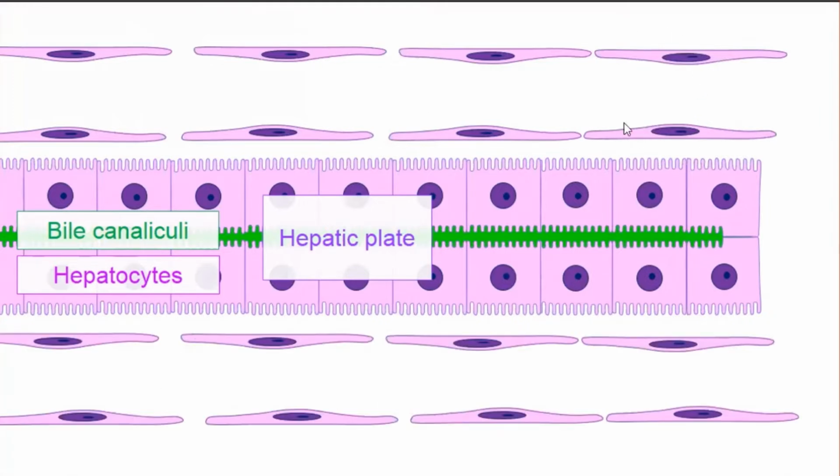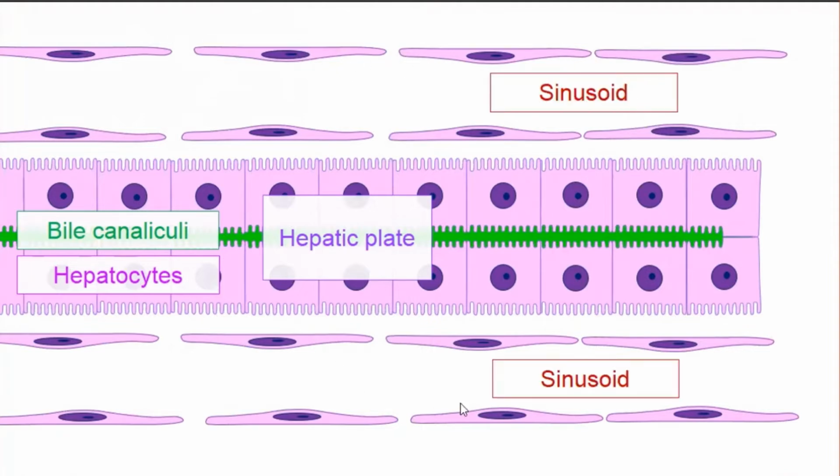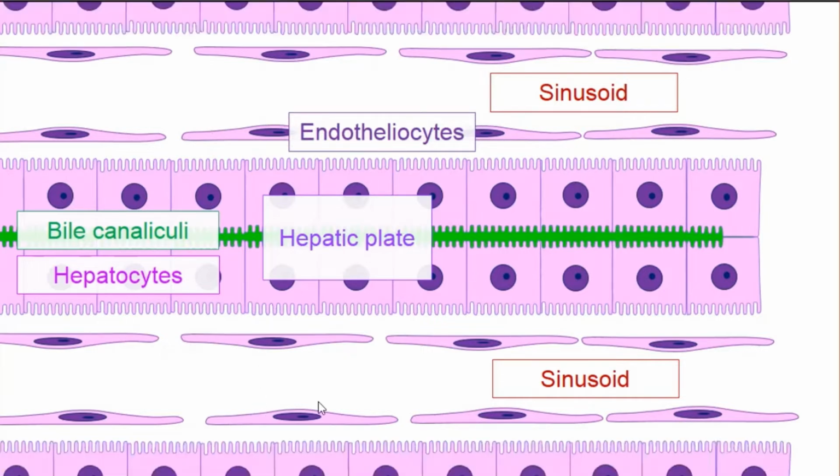There are blood capillaries which have huge gaps between endothelial cells, and those capillaries are called sinusoids. They are capillaries of the sinusoid type. And cells of the wall of the sinusoid are called endotheliocytes. It's simple squamous epithelium. Also, we have here neighboring hepatic plates.